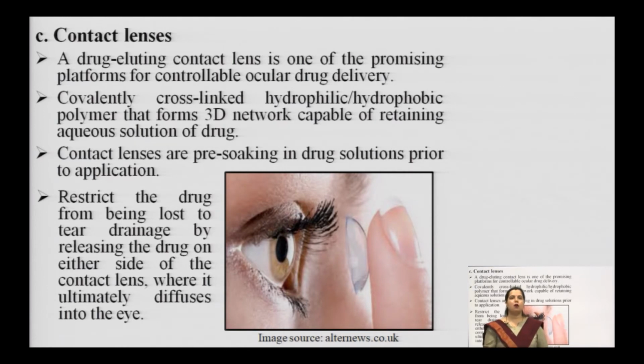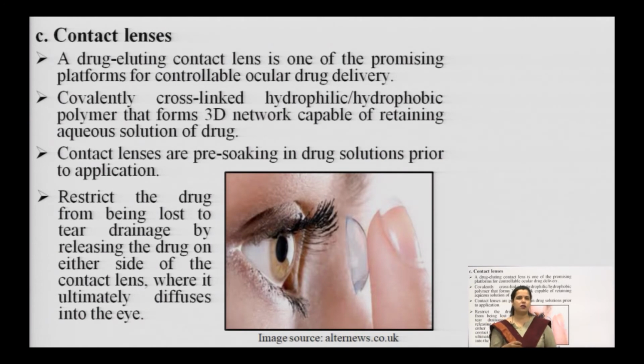Contact lenses are pre-soaked in drug solution prior to application. It is a mandatory condition, whether the lenses are medicated or non-medicated: you have to pre-soak these contact lenses in normal saline solution or your medicated solution of antibiotics or steroids. After that only you can place them into the eye.